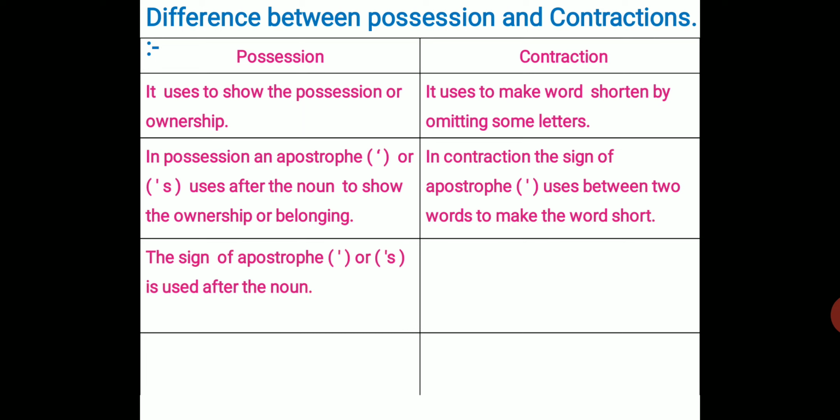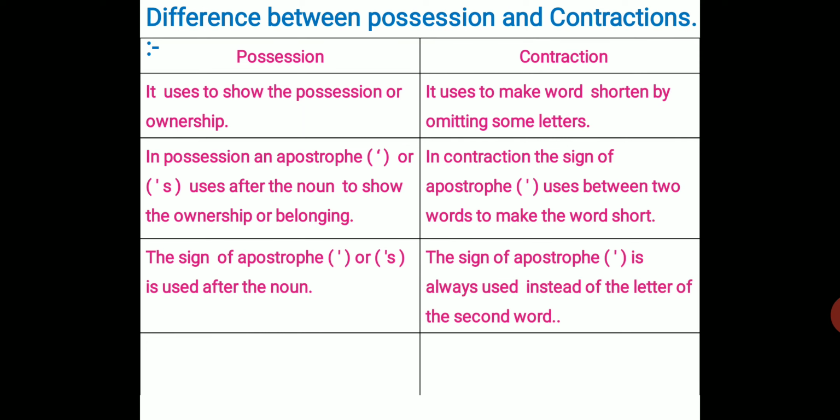In possession, the apostrophe or apostrophe s is used after the noun. It means in possession, we use an apostrophe or apostrophe s after the owner, the one to whom the thing belongs. Whereas in a contraction, the apostrophe is always used instead of the letters of the second word.